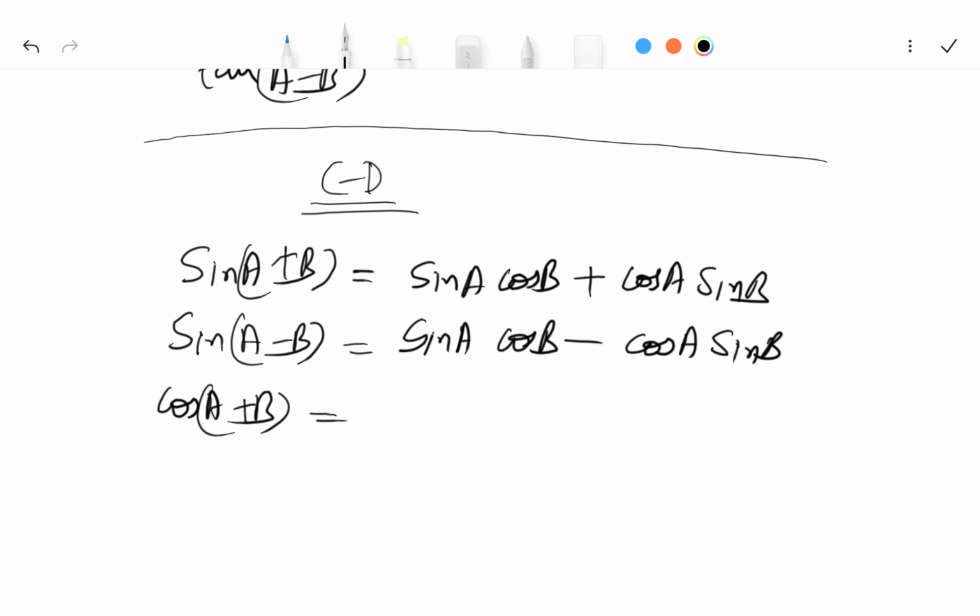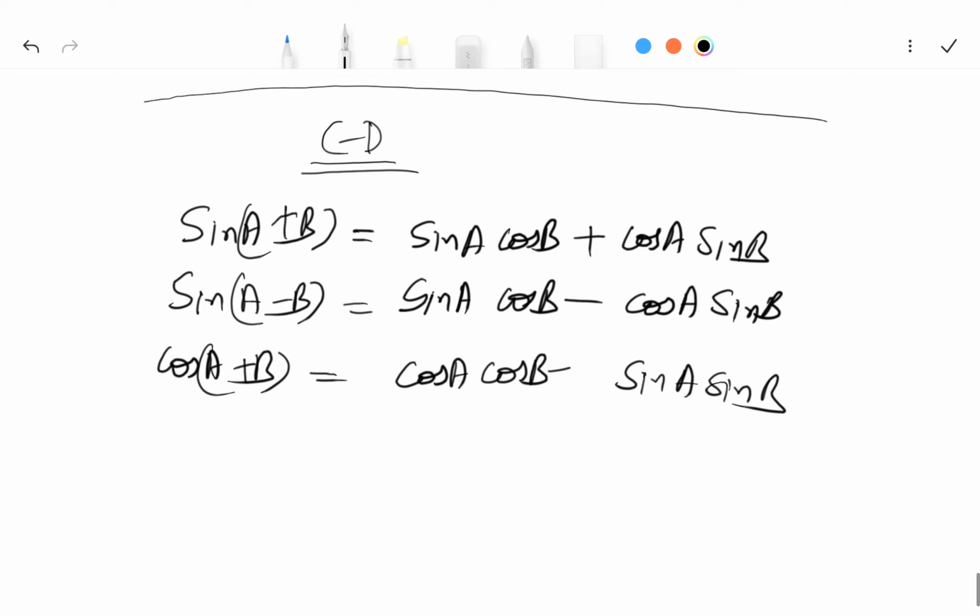It is equal to cos A cos B minus sine A sine B. What is cos(A minus B)? It is equal to cos A cos B plus sine A sine B.